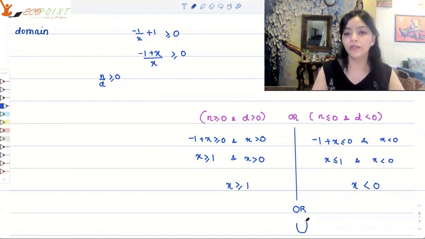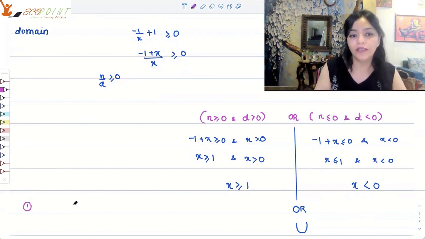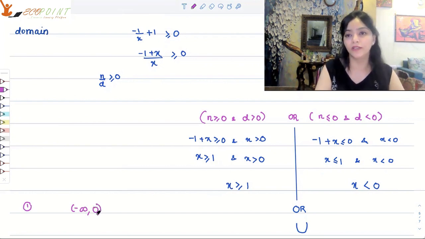In terms of interval, let's see what we can write it as. So I'm going to first write it in the interval notation, number 1, interval notation. Everything lesser than 0, strictly lesser than 0, that's why open interval. -infinity to 0, everything is good. Everything will give me positive inside the square root.